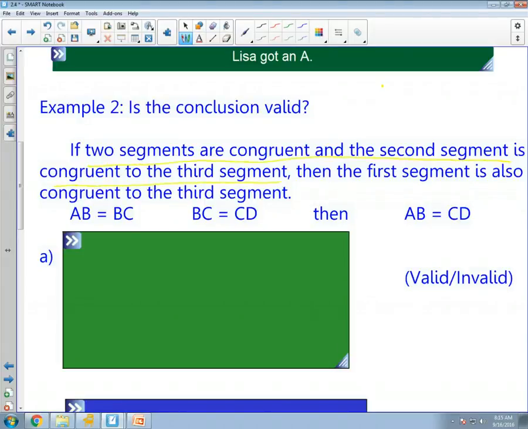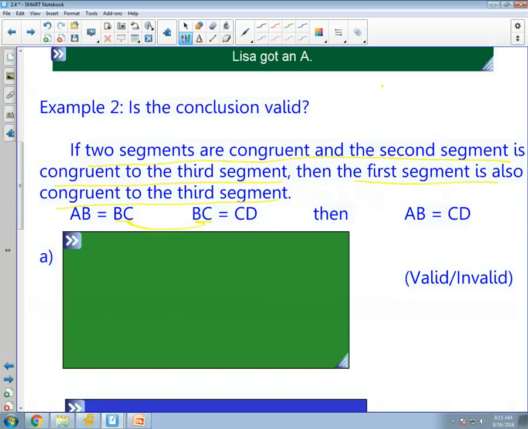So for this if part, I know it's very wordy, but I'm going to use these symbols to help. It says if two segments are congruent, so I'm going to represent that as AB, BC. Those are congruent. If two segments are congruent and the second segment is congruent to another one, then the first segment is congruent to the third.